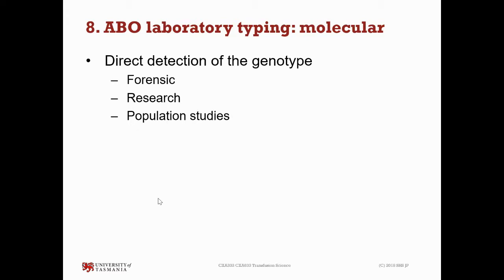When we get unusual results, unusual blood groups, unusual antibodies that we have trouble identifying, or patients who have a mixture of antibodies, or perhaps a subgroup, an ABO subgroup that needs to be properly determined, then we will send those samples off to a reference laboratory along with all of our paperwork, and we leave it up to the experts to sort out for us. And often they use the DNA detection of the genotype.